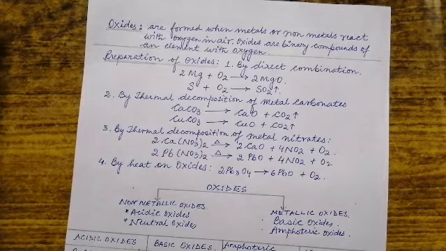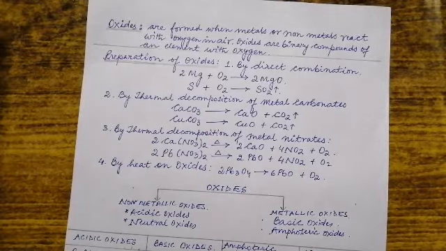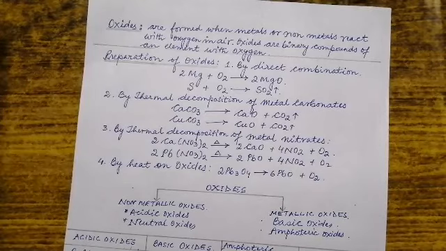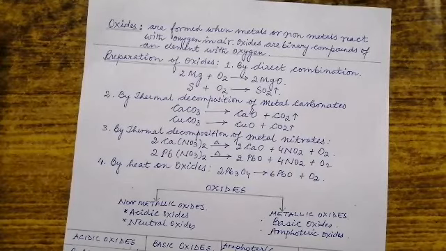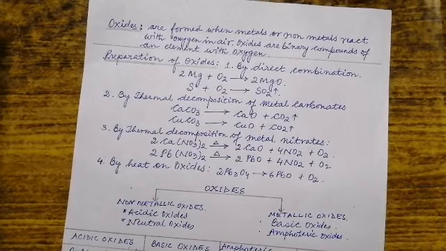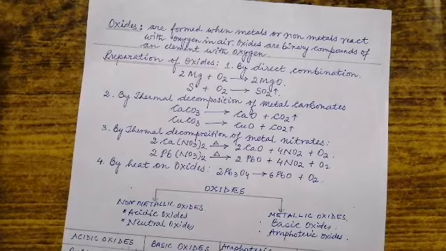The third method is by thermal decomposition of metal nitrates. When you heat metal nitrates like calcium nitrate, zinc nitrate, lead nitrate, copper nitrate, etc., you always get metal oxide, nitrogen dioxide gas, and oxygen gas.